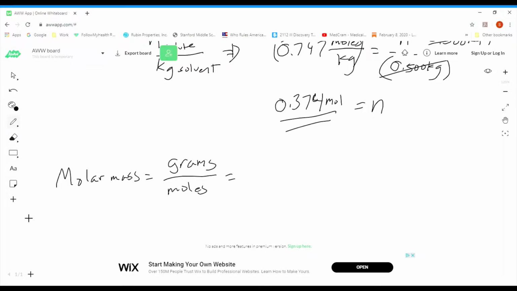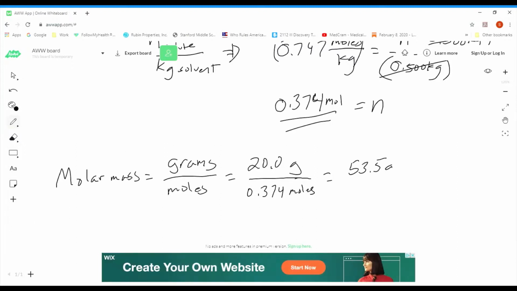And since the problem said that there was 20 grams, it's 20.0 grams divided by this many moles, 0.374 moles. 20 divided by 0.374 is going to equal 53.5 grams per mole. And there is your answer.